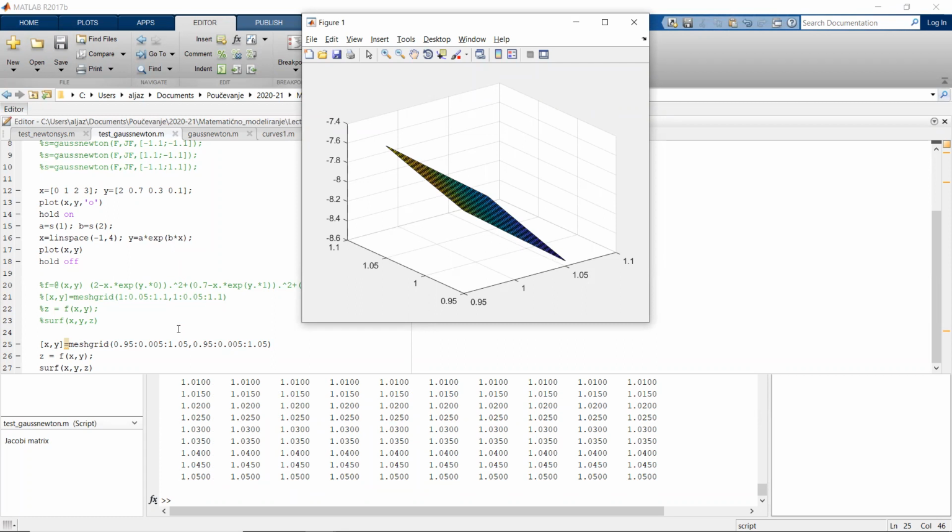So when we choose our initial approximate 1.1, 1.1, we're in fact calculating a local extremum of this function. This is the surface of this function. We are searching for the local extremum in the neighborhood of our initial approximate, so we will converge to the nearest local extremum to 1.1, 1.1. And it turns out that it doesn't solve our initial problem, which was to get the best fit for our 4 data points. So the initial approximate was bad in this case.